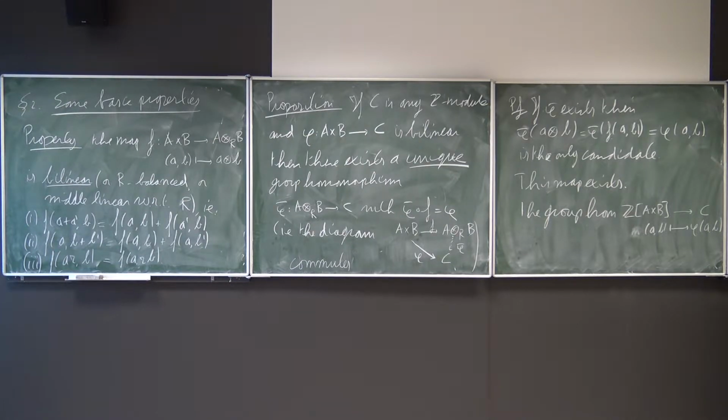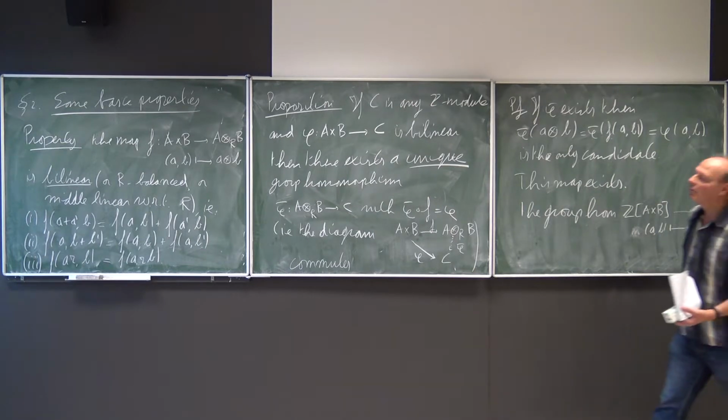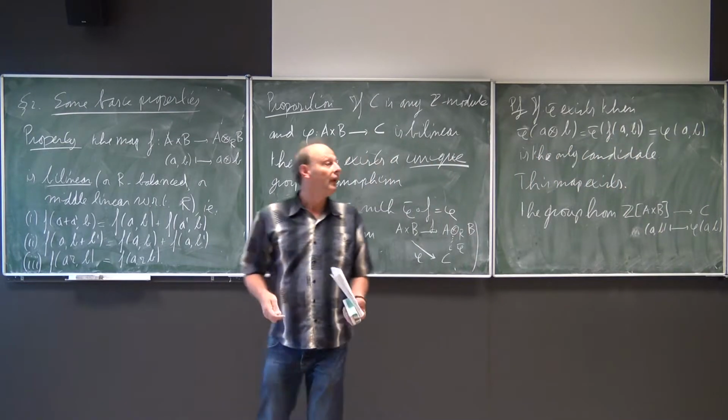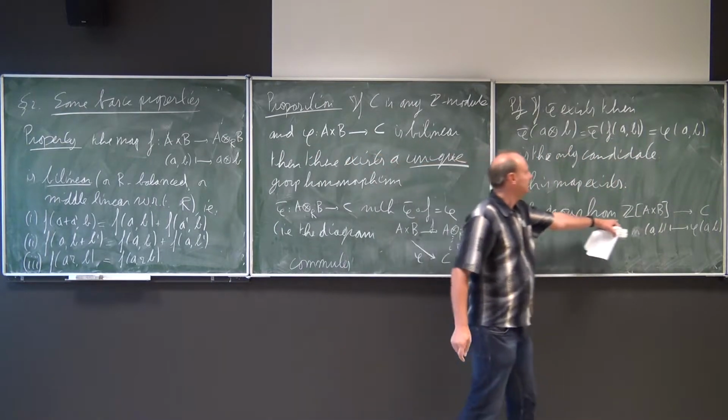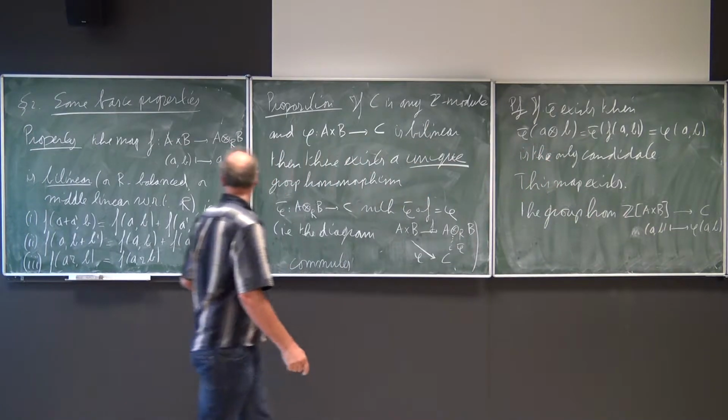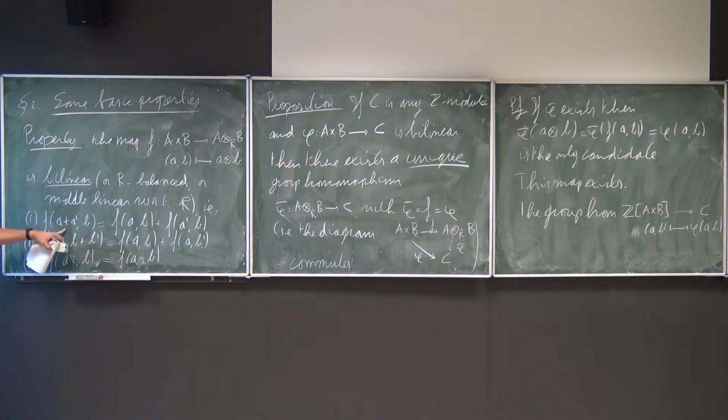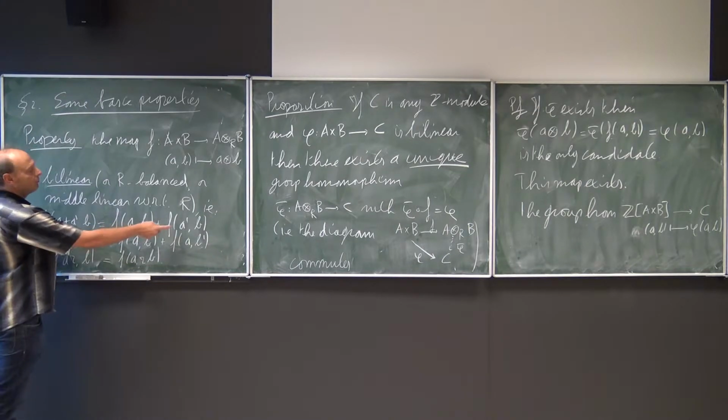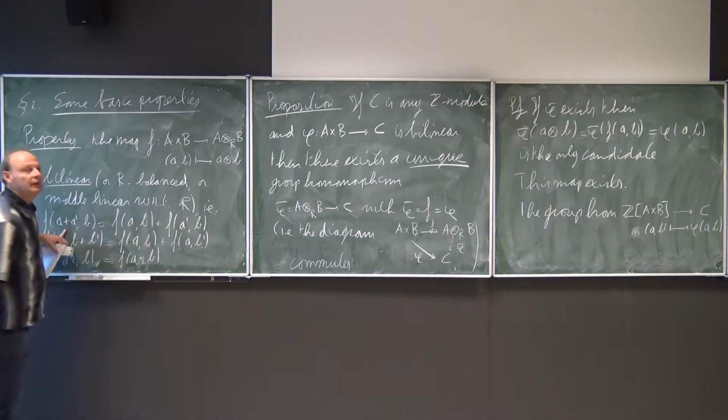And then you check that this one, if I write it out, well, the tensor product had three relations I imposed on this thing. The first one was that (a + a', b) would be the same as (a, b) plus (a', b).